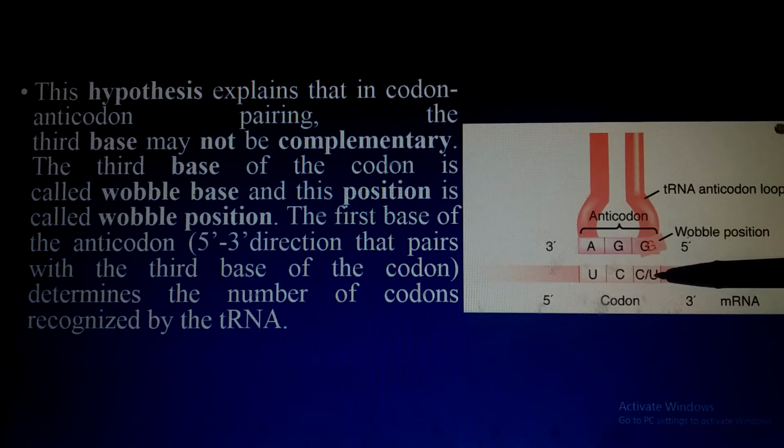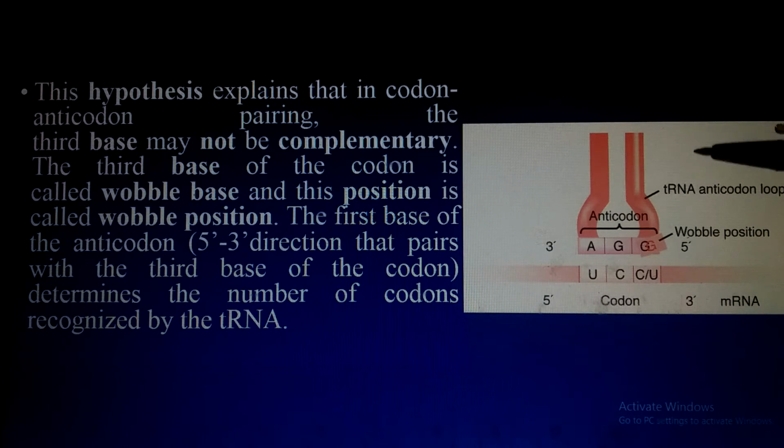As you are familiar with the codon degeneracy, many amino acids can be encoded by 2, 3, 4, 5 codons. So this Wobble position helps in recognizing a number of codons which are responsible for protein synthesis, or you can say the picking of amino acids from the cytoplasm.